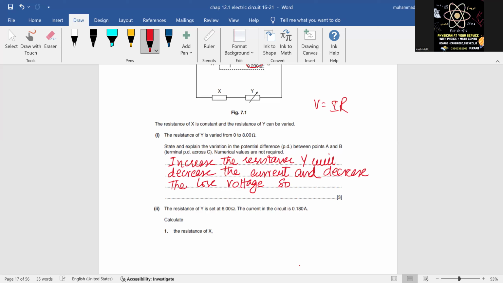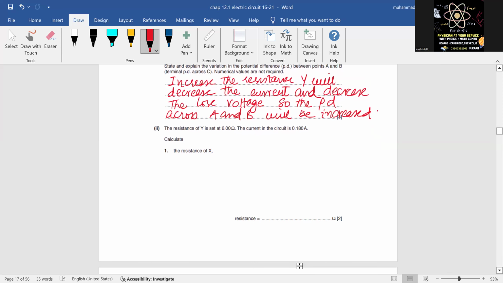So the PD across A and B will be increased. Okay. Now let's move on.